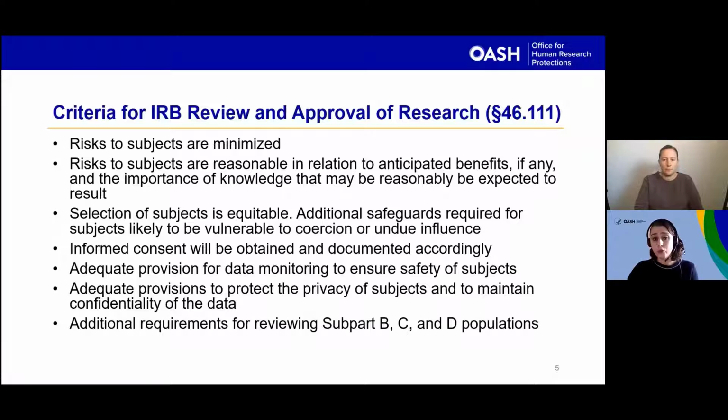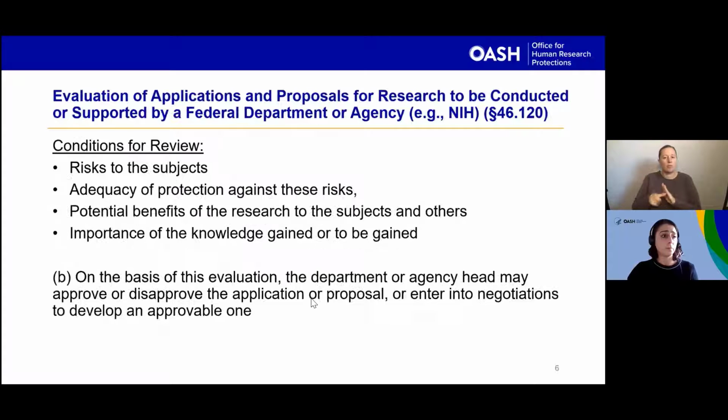For researchers, which I think many of you in the audience are, understanding and properly addressing the 111 review criteria is key to preparing a research proposal and getting it through the IRB review process. Now, the regulations also outline conditions for review that federal departments or agencies must consider when evaluating applications and proposals for research support or funding.